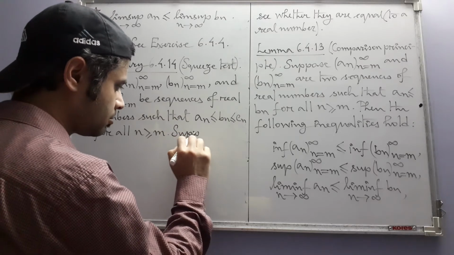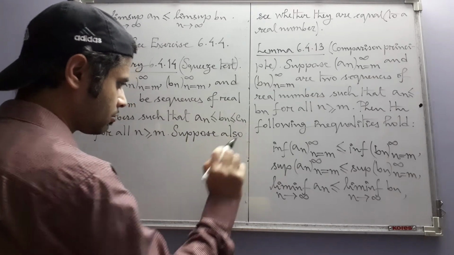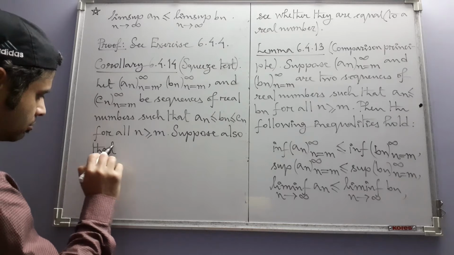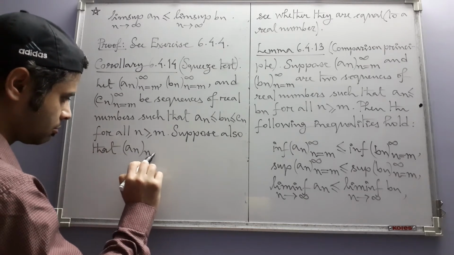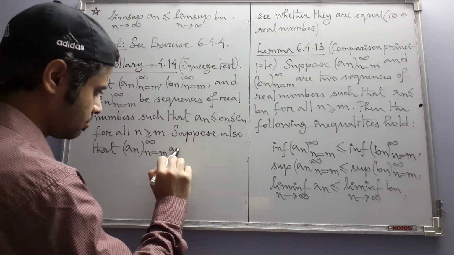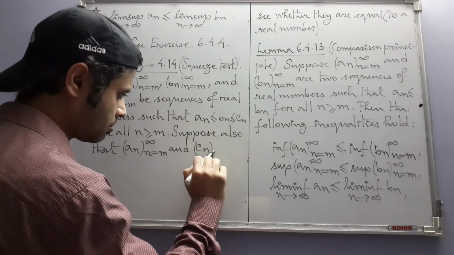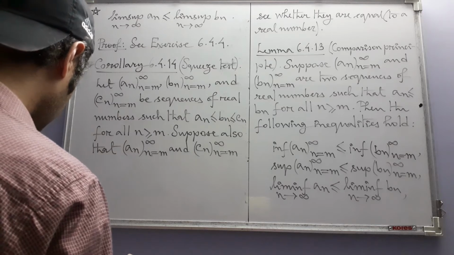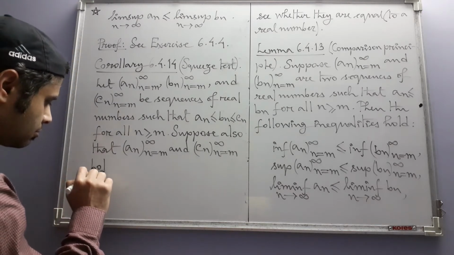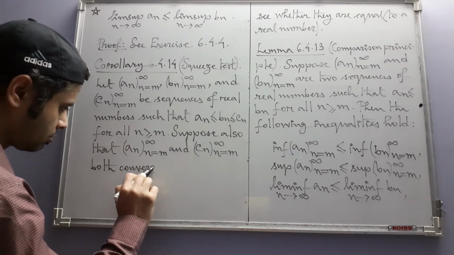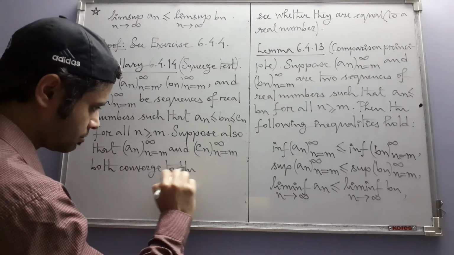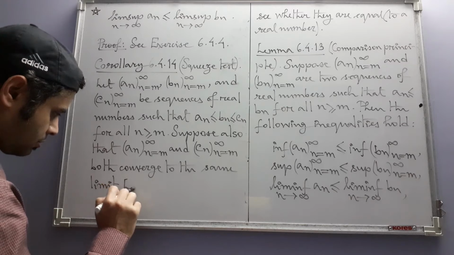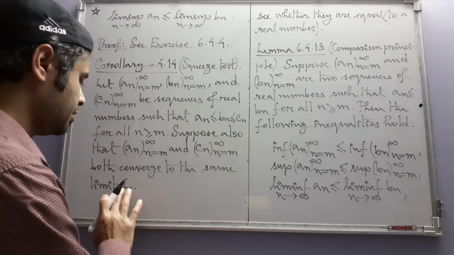Suppose also that a_n and c_n both converge to the same limit, say L. Converging to the same limit means L has to be a real number.